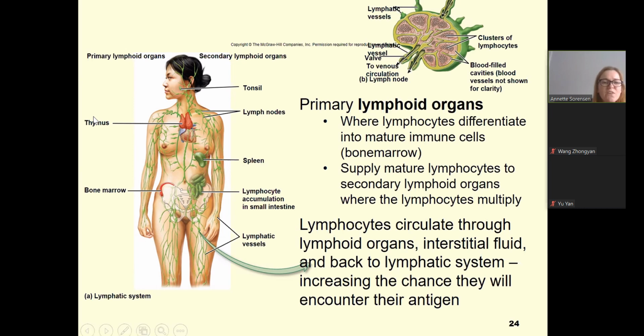You can see them in green here, with tonsils, lymph nodes, spleen, etc. And then you can see the lymphoid vessels here, also in green, that these can circulate through. So they circulate through these lymphoid organs, interstitial fluid, and back to the lymphatic system and encounter antigen.